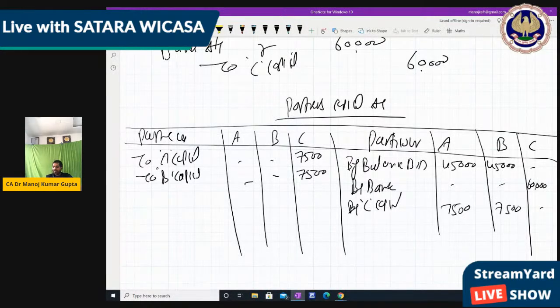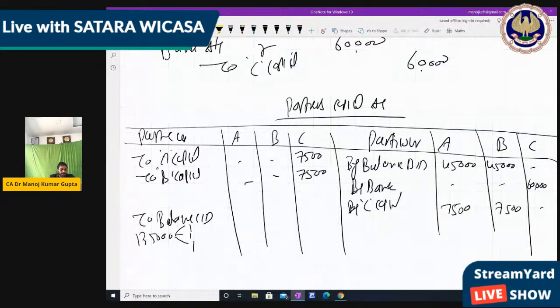Right? Now, they want their capital base 135 to be the balance carried down in the equal ratio. So 135 divided by 3 is 45,000 each.